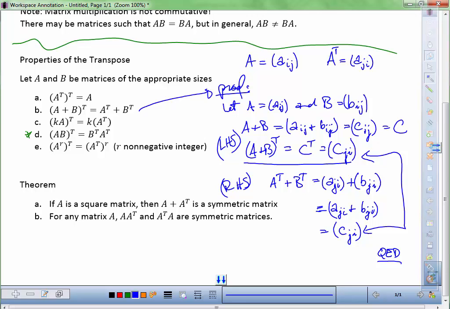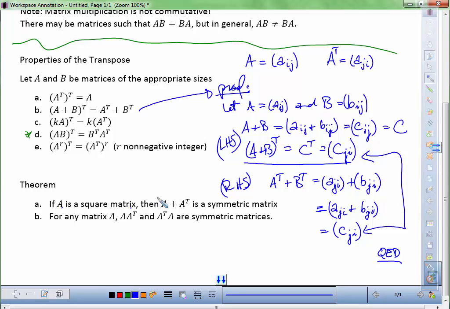So we have a couple of other theorems that use the transpose ideas, and there's a theorem that says if you have a square matrix A and you add A plus its transpose, then the result is actually a symmetric matrix. That's probably an interesting one to prove.